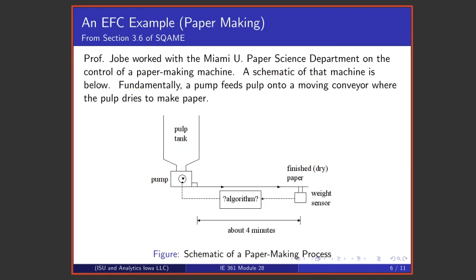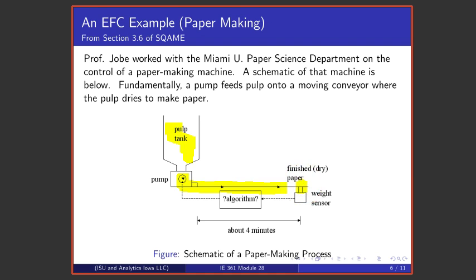There's a nice example in the Vardeman and Jobe book that had to do with control of a paper making machine. Paper making is actually a pretty simple process. Pulp is pumped out onto a conveyor belt, and as the pulp moves down the conveyor belt and heat is applied over the length of the conveyor belt, the pulp dries and makes paper, and then it's weighed at the end of the conveyor belt.